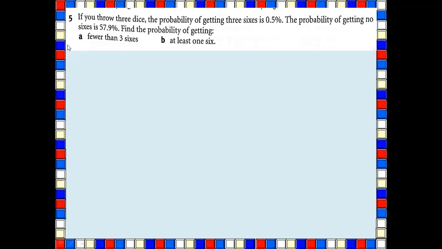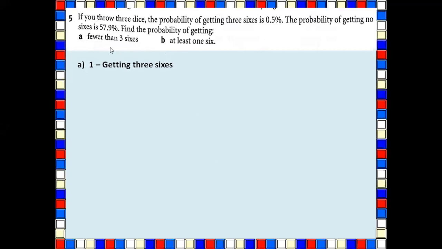3 sixes is 0.5 and getting no sixes is 57.9. So we're going to subtract. Subtract what? 57.9? Why 57.9? I mean one from 0.5. Yes. The 0.5 is getting sixes.